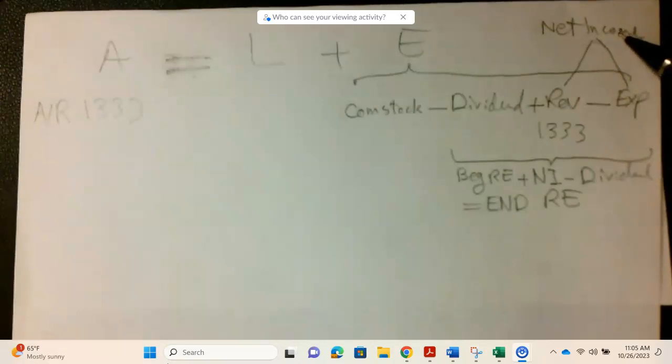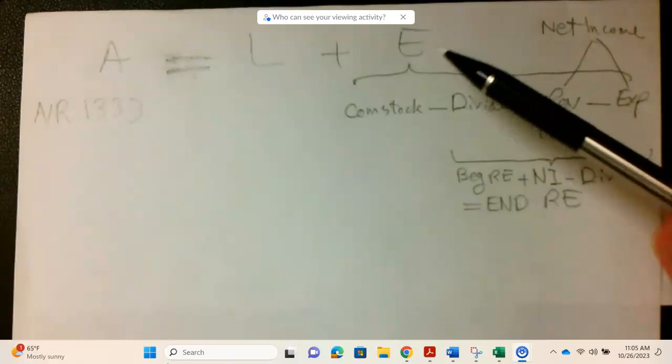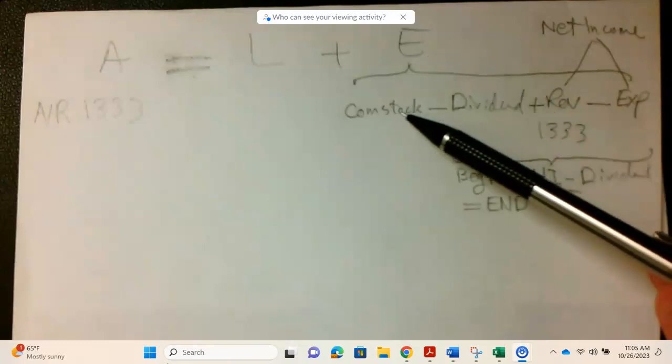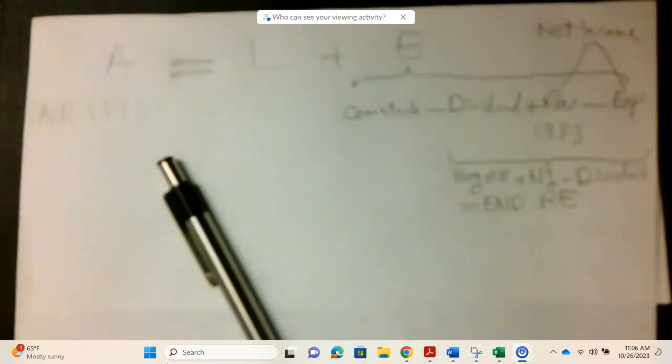If net income is higher, then the whole retained earning will be higher. So what do you have in a corporation in the equity at the minimum? Two things, common stock and retained earning.